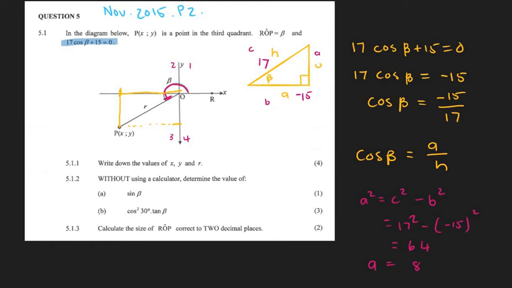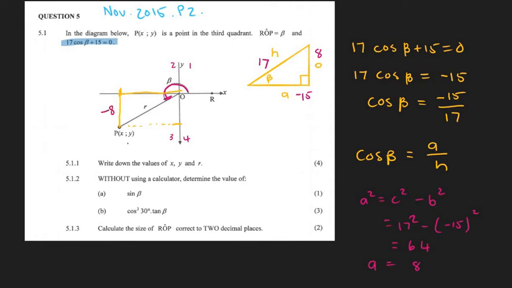Alright, so let me just take all of these A's and B's and C's away. So I now know that my opposite is going to be 8. So this is my y. That's going to be my y. But this y is on the negative side, so this is going to be negative 8.